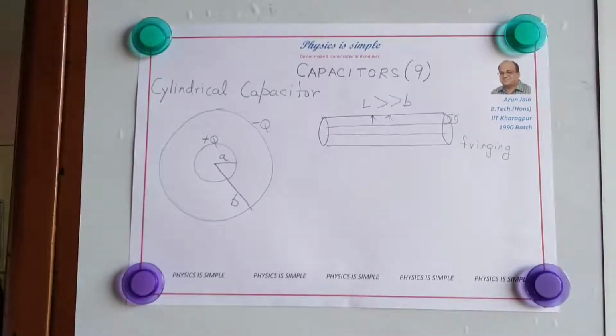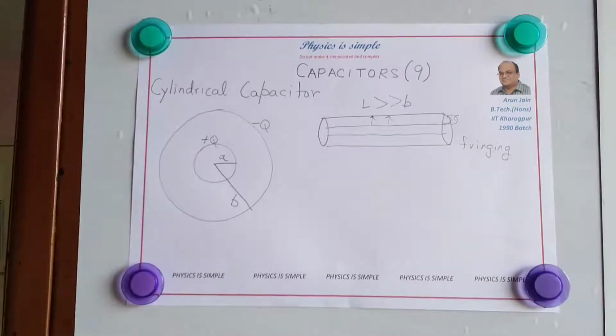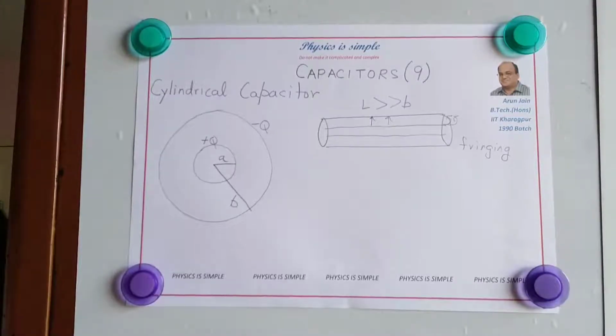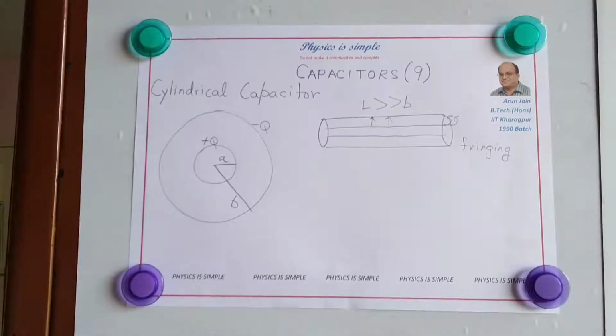So here also we can call them plates. The second step is to find the electric field. Once we have found the electric field, then we find the potential difference between the plates, and then we find capacitance as Q by V. As simple as that.